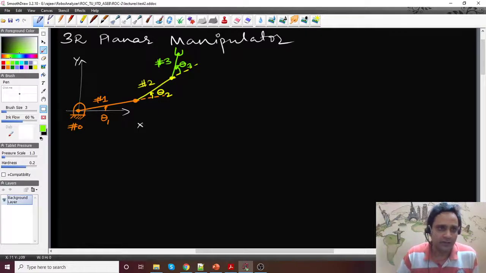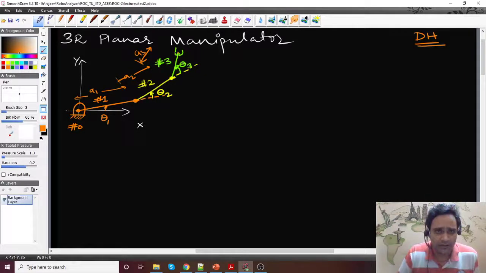Now A1 is the length of the first link, A2 the length of the second link, similarly A3 the length of the third link. That is the typical DH parameter, Denavit-Hartenberg parameter convention we follow.